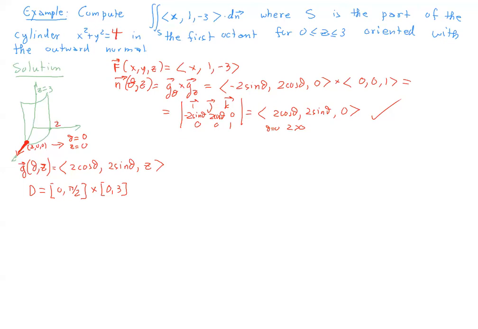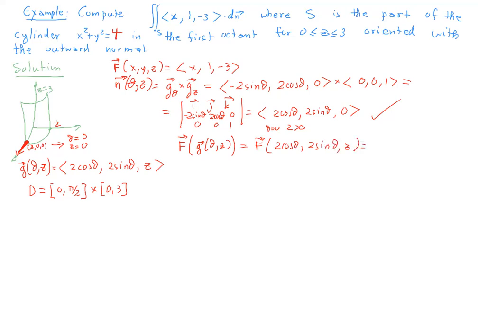Okay, so what do we need to do next? Pull back the vector field onto the domain of the parameterization. Well, here it's kind of funny. So you will have to do 2 cosine theta, 2 sine theta, z, which means what?